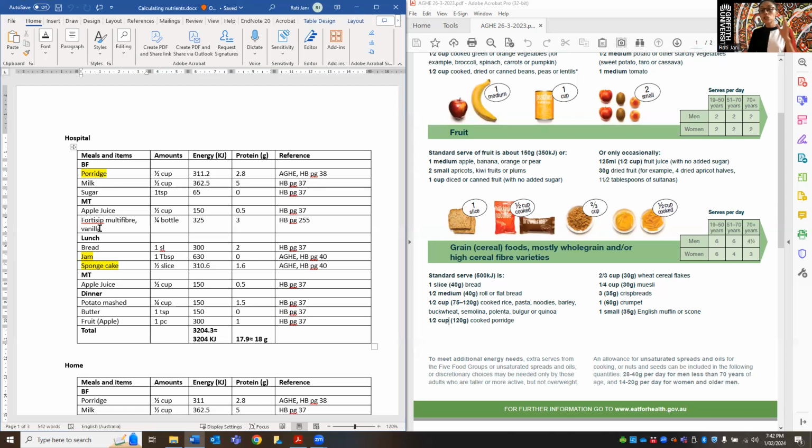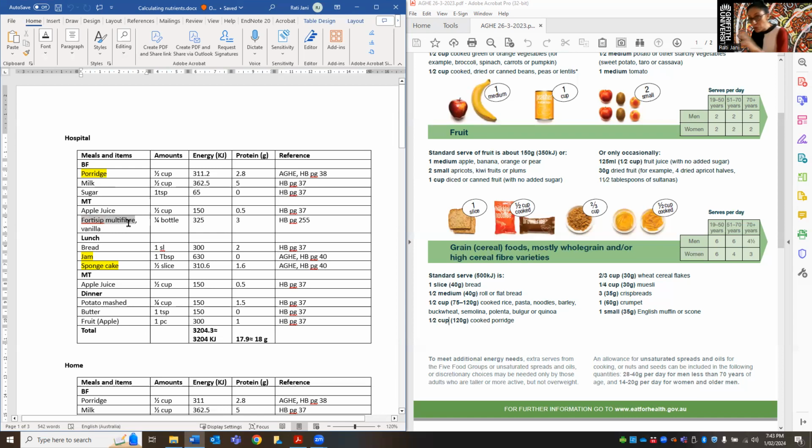In my handbook, 7th edition, that is where you will have your oral nutrition supplements information available, on page 255. That is where I have information about energy, protein, etc., nutrient values present in this oral nutrition supplement called Fortisip.